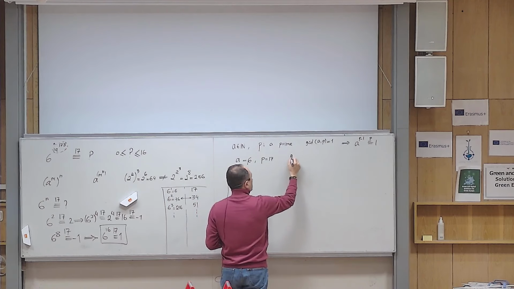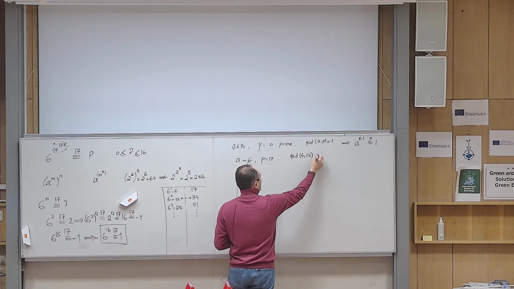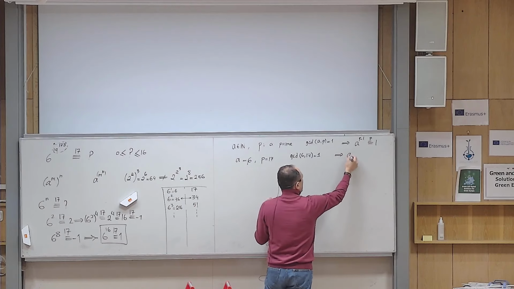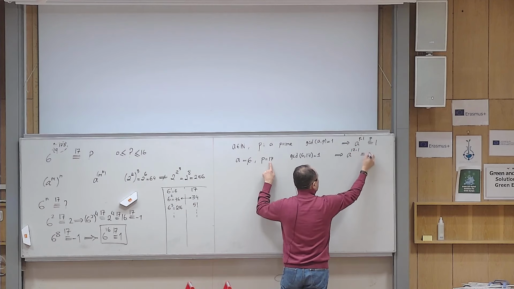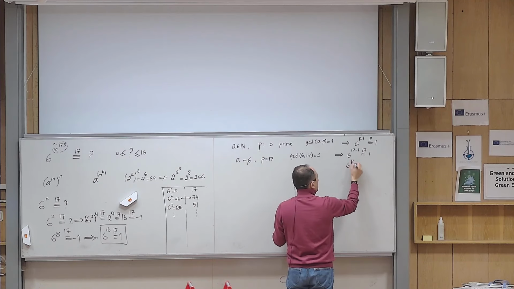On the other hand, if I ask you what is the GCD between 6 and 17, you immediately see that it is 1. Then you can conclude that A to the power of P minus 1, P is 17 minus 1, sorry, A is 6 here, is congruent to 1 modulo 17. So 6 to the power 16 is congruent to 1 modulo 17.